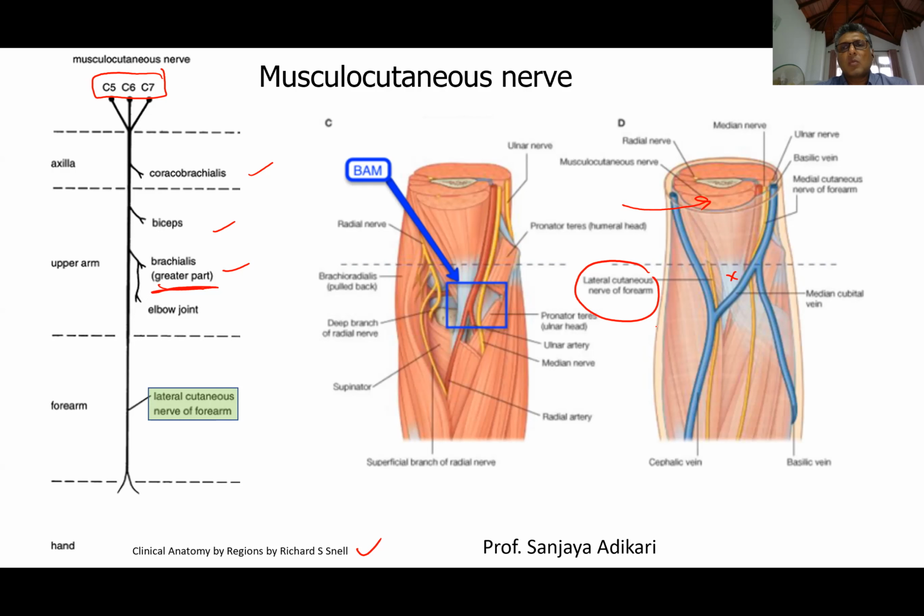So it goes through the cubital fossa before it comes into the superficial fascia of the forearm, and it becomes the lateral cutaneous nerve of the forearm, and it supplies the lateral side of the forearm. So it is the musculocutaneous nerve that supplies that area. Remember that point. When it comes to the hand, it is a different nerve, a branch from the radial nerve, the superficial branch of the radial nerve. We'll come back to it later.